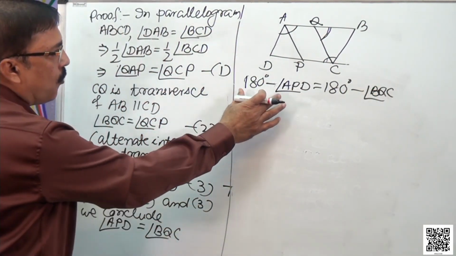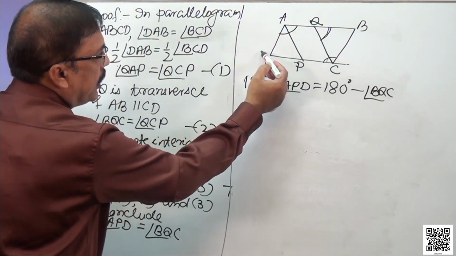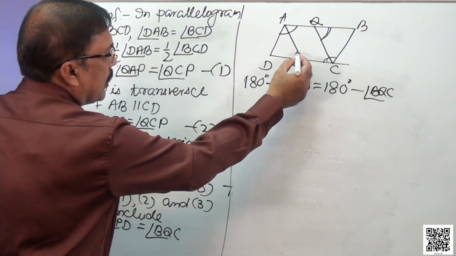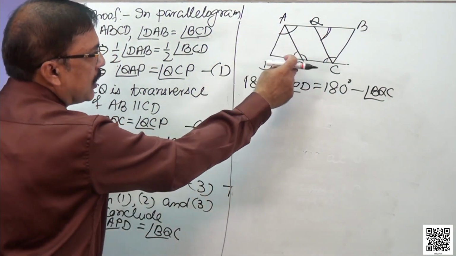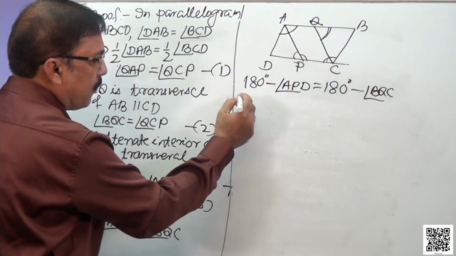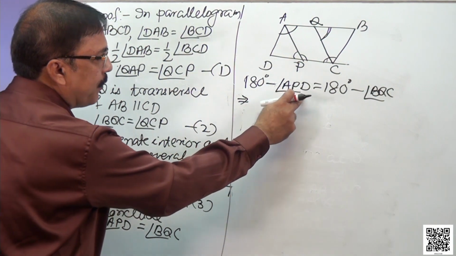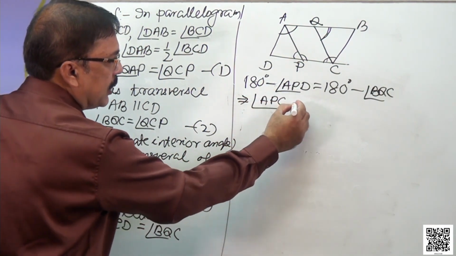Now you see, 180 degrees minus APD. The angles APD and APC are a linear pair. So 180 degrees minus APD gives angle APC. So in place of 180 degrees minus angle APD, we can write angle APC.